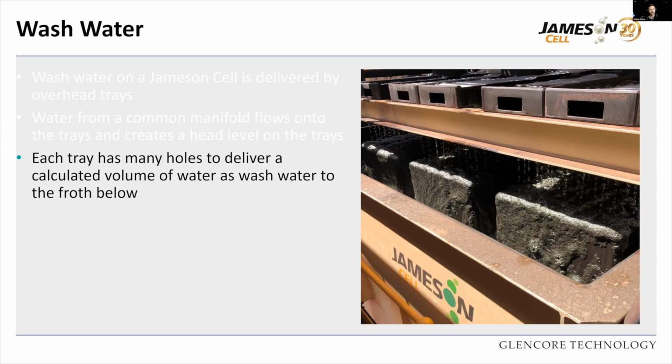So there'll be a large number of holes in each cell, usually anywhere between 4 to 6 millimeters in size. But as I said, we do specifically design each Jameson cell for the duty it's going to be completing. So we want to make sure that the holes we design, in terms of number and size, will be effective for the wash water rates that need to be run on that specific cell.